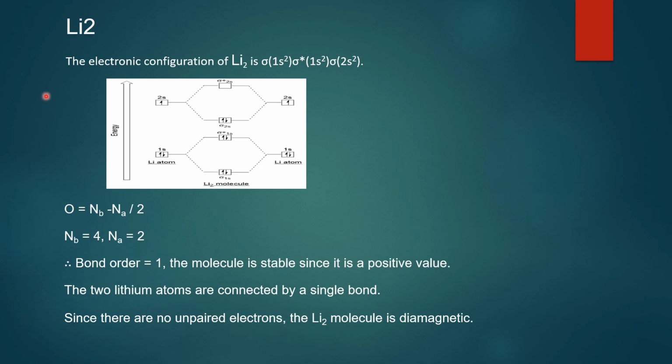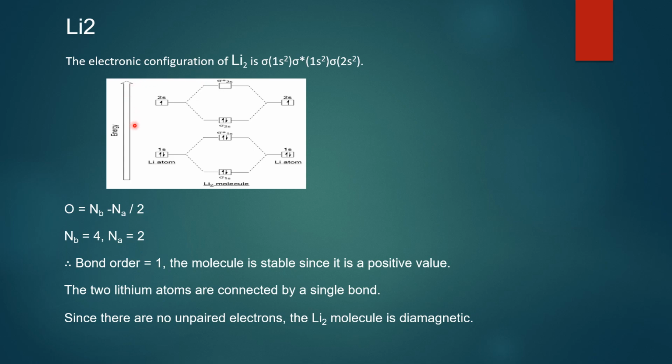The other example of a homonuclear diatomic molecule is Li2, formed by the combination of two lithium atoms. Each lithium atom has atomic number 3 and electronic configuration 1s2, 2s1. You can examine the picture. Each lithium atom has 2 electrons at the 1s level and only 1 electron at the 2s level.